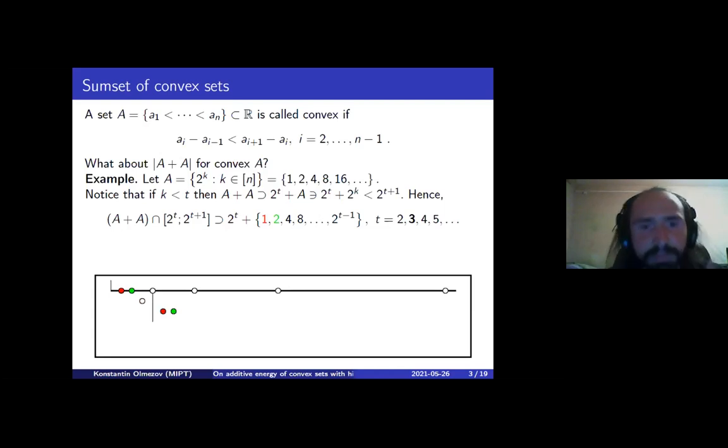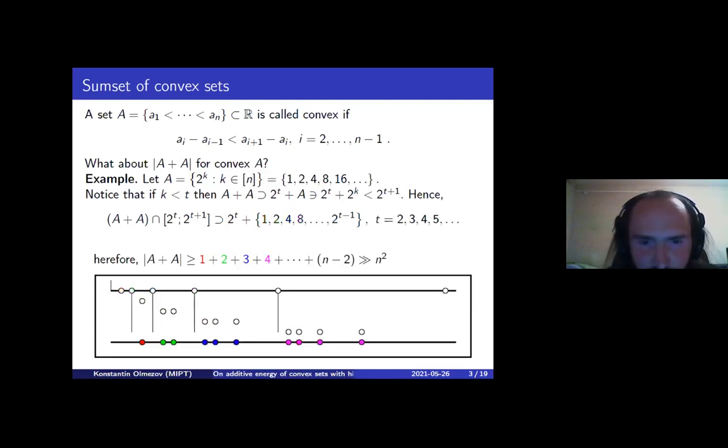We can use this fact to obtain a lower bound on the set size. Such a lower bound will be described as a sum of consecutive natural numbers, and finally we obtain an extremely strong bound.